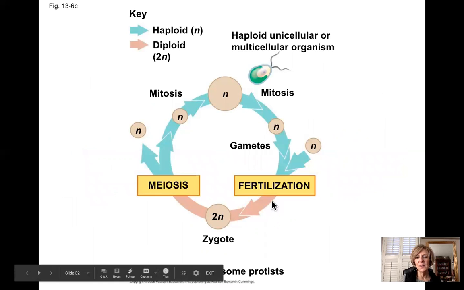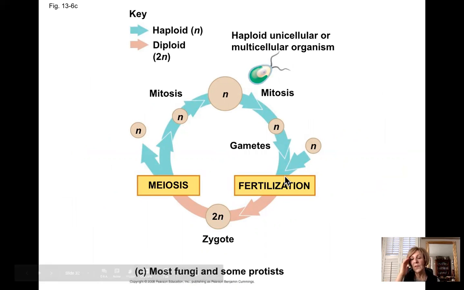That's how you can get this straight. So in protists and also in fungi, remember, protists are eukaryotic single-celled organisms, you have gametes that fuse to form a 2N zygote, but immediately that 2N zygote goes through meiosis to produce more N cells. And those N cells go through mitosis to produce multicellular structures.